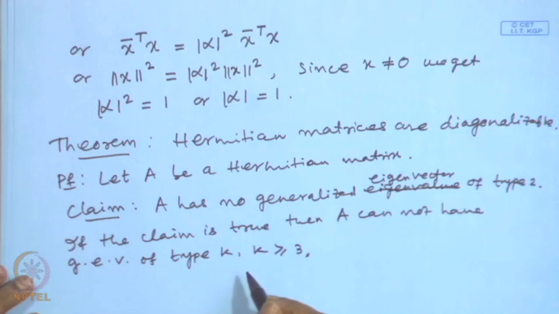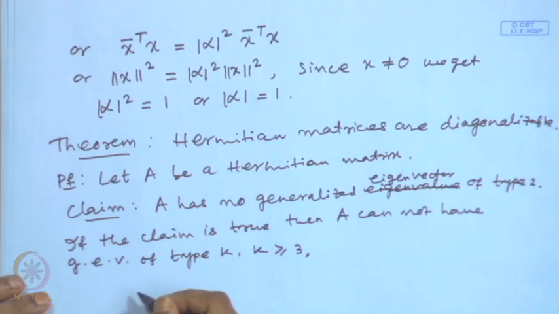So, this matrix A will have n distinct eigenvectors, and they are all linearly independent, and hence this will be diagonalizable. So, let us prove the claim.